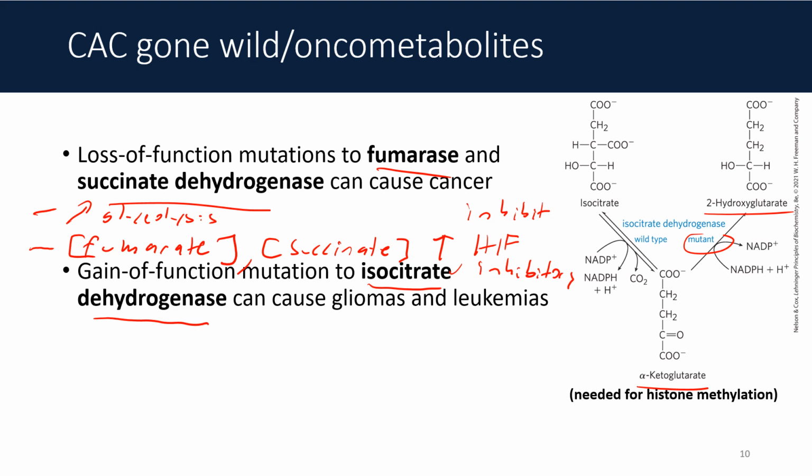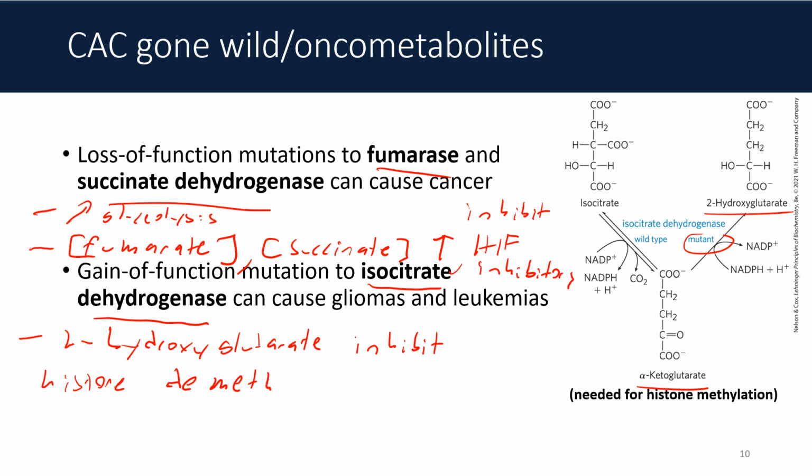This is a problem because 2-hydroxyglutarate will inhibit certain histone demethylases that are responsible for silencing the genes that regulate the cell cycle.